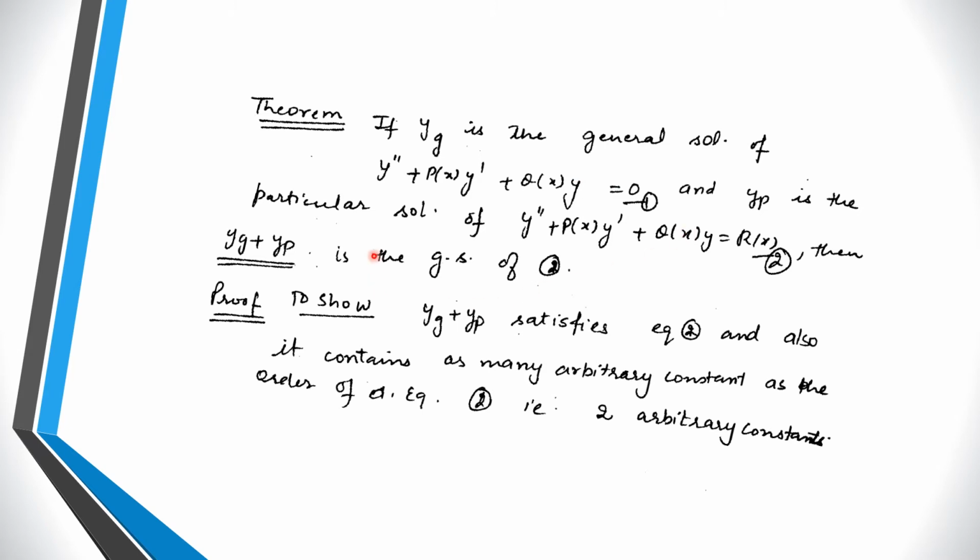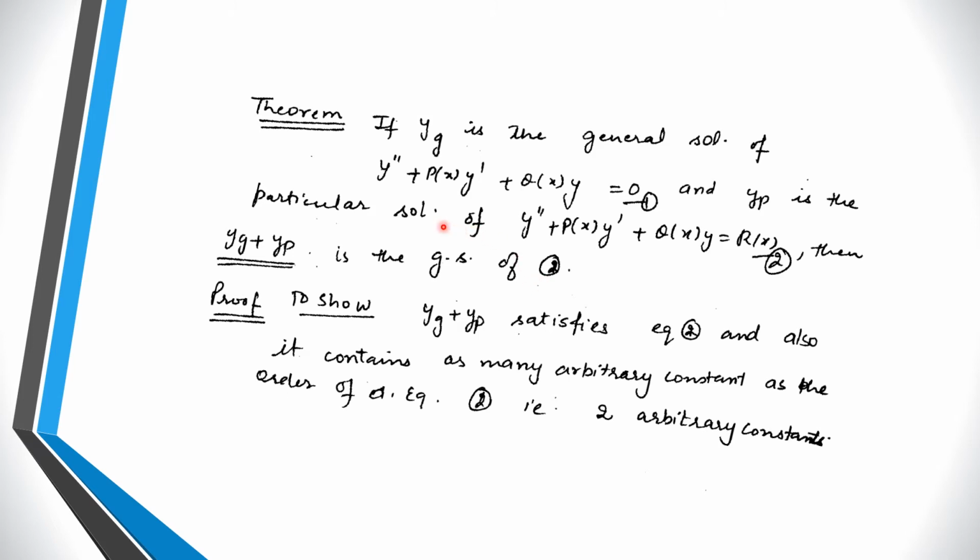And a general solution means the solution contains as many arbitrary constants as the order of the differential equation. Since this is a second order differential equation, its general solution should contain two arbitrary constants. So if yg plus yp contains two arbitrary constants, then this is the general solution of equation number 2.